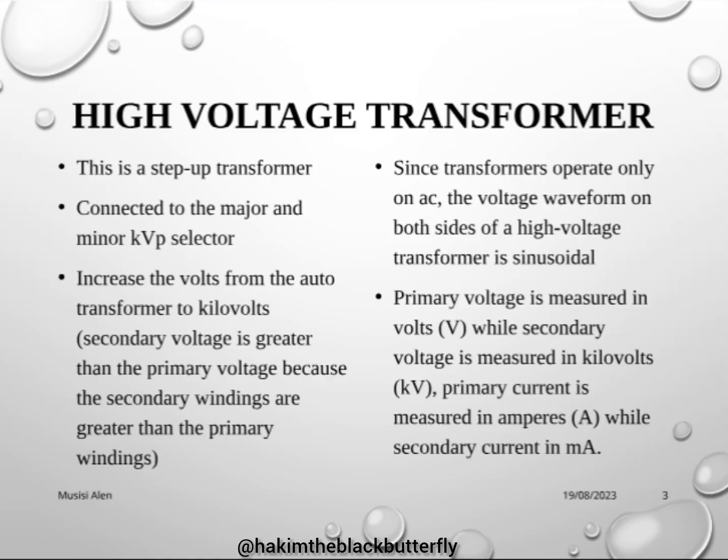If the windings of wire are few in the primary and many in the secondary, then that transformer is a step-up transformer. But if in the primary we have more windings than in the secondary, that transformer is a step-down transformer. It steps down the voltage.